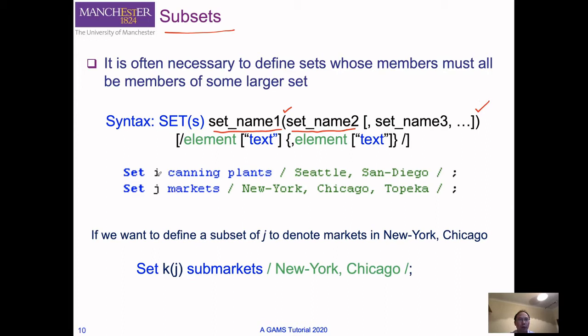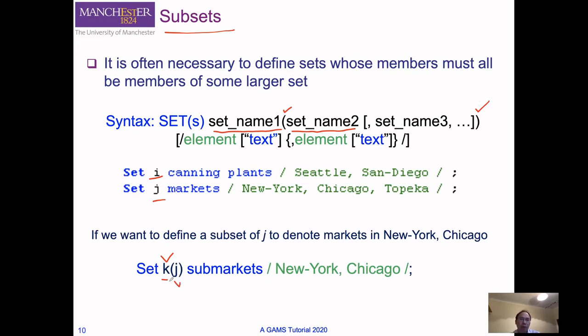For instance, we define two sets I and J. Now we define a subset K. After we provide the name of the subset K, we need to use brackets. In the brackets, we need to provide the name of the previously defined set to tell GAMS which previously defined set the elements of this subset K belong to.